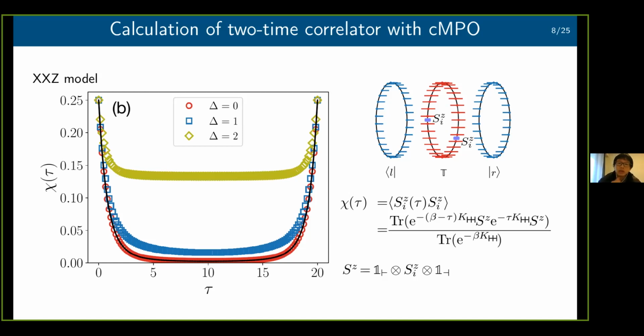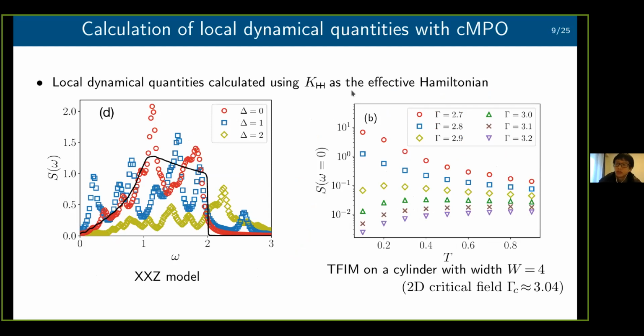We can also calculate some local dynamical quantities with our CMPO method. Basically, we only need to use the K matrix, which is obtained from our local tensors, as an effective Hamiltonian. This K matrix has a relatively small bond dimension, so we can exactly diagonalize this effective Hamiltonian and obtain the dynamical properties.